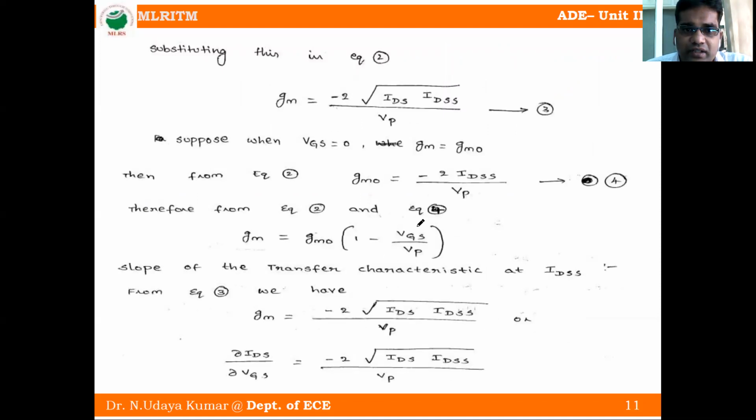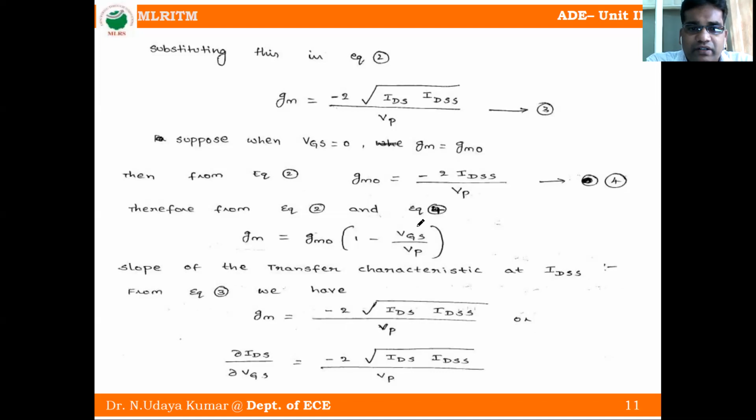Substituting this into equation 2, we get GM = −2 √(IDS × IDSS)/VP, where VP is the pinch off voltage.